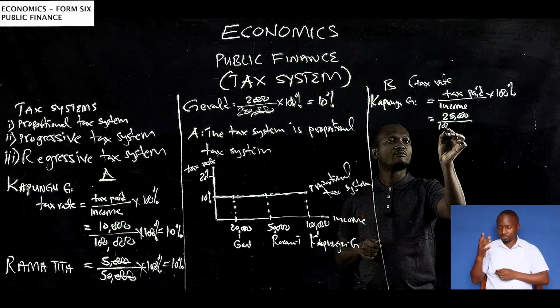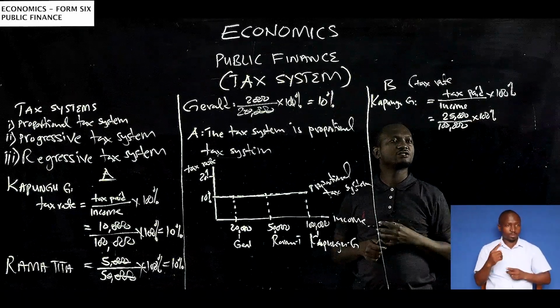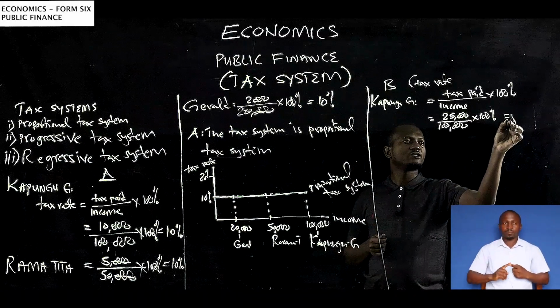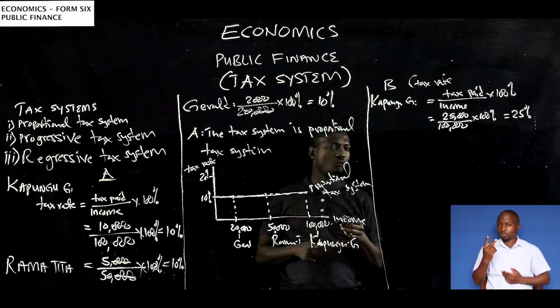His income 100,000 times 100%. Here we get 25%, Mr. Kapungu.